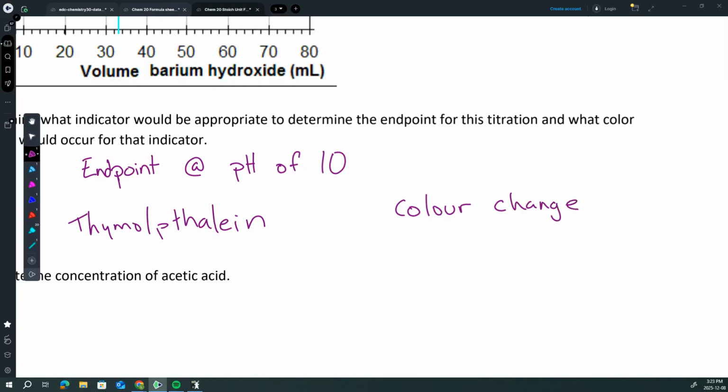So again, our color change that we're talking about, we're only going to be focused on where it's starting and what the color will be like at the end point.